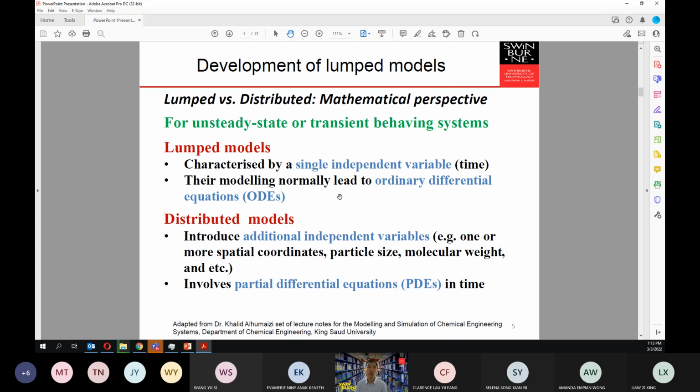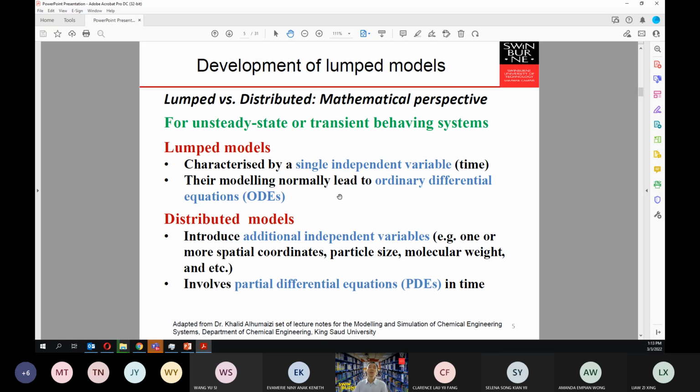On a distributed model, on the other hand, if besides time we also have another one or two spatial variables, it can be a spatial coordinate or whatever property of the system, then we will have partial differential equations in time.